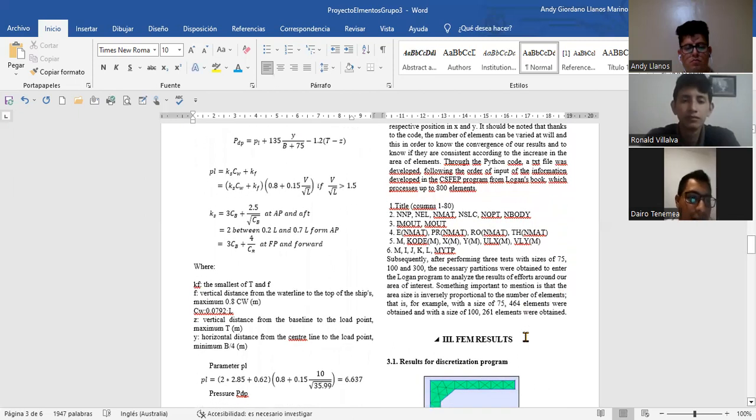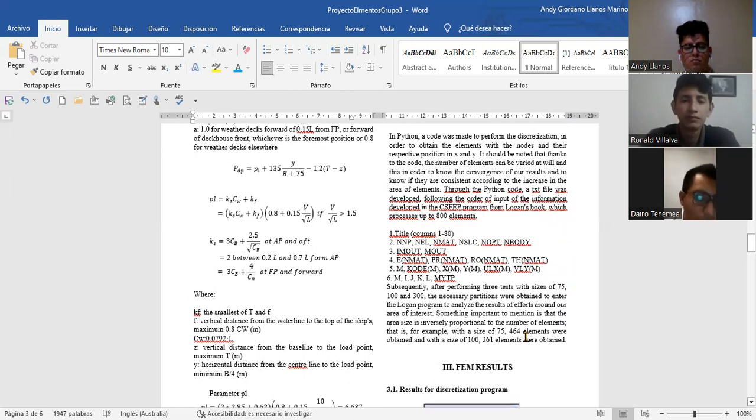For this case, the code generates a TXT file in the format of the CSVAP program from Logan's book.